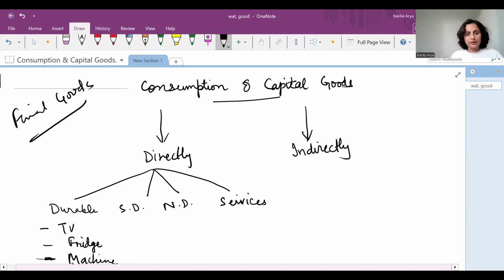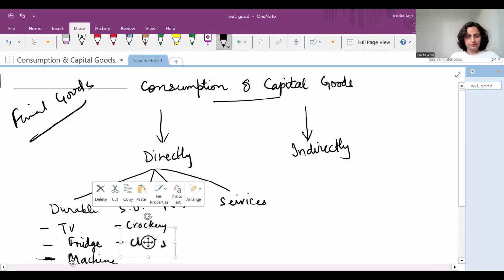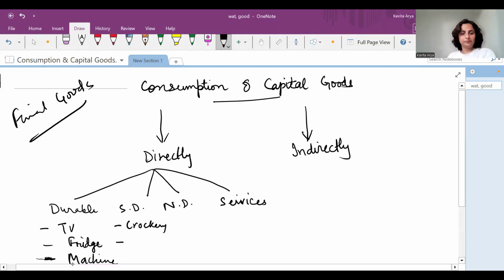In this series, the best examples possible would be crockery items, clothes, and toys as the best examples for semi-durable.